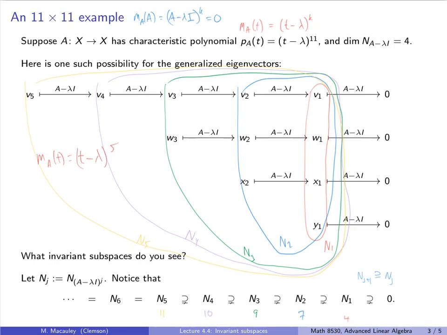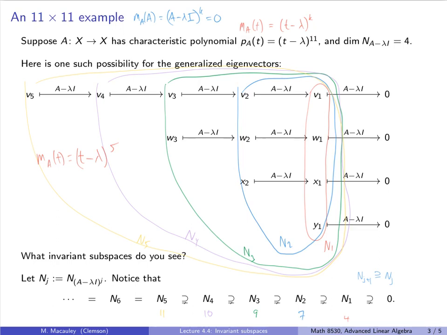Moreover, what we will see later is that this completely characterizes the similarity of matrices. In other words, if we have two, let me not say matrix, let me say two linear maps such that their characteristic polynomials have the same multiplicity for every eigenvalue, and moreover, if you draw these chains and they look the same after shuffling, then those two linear maps are similar. And that is an if and only if. So how do you characterize that?